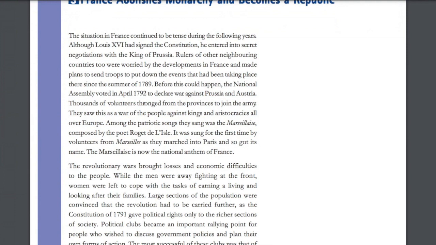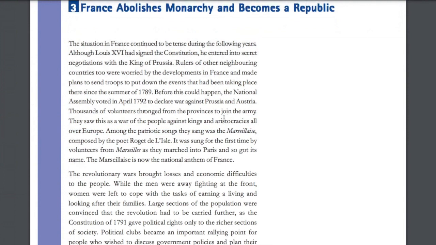It was sung for the first time by volunteers from Marseilles as they marched into Paris, and so got its name. The Marseillaise is now the national anthem of France. Marseilles is a place, but Marseillaise is the song.